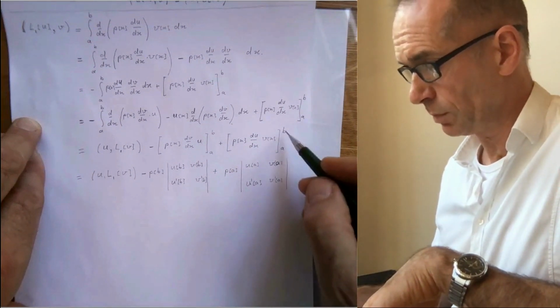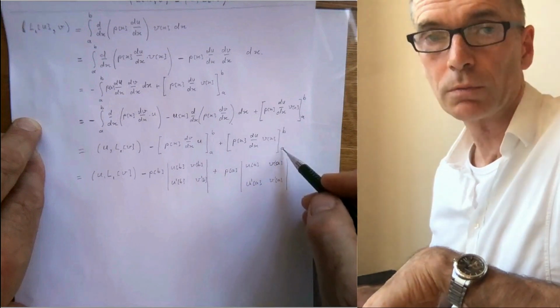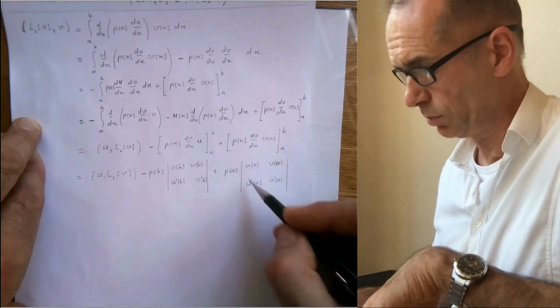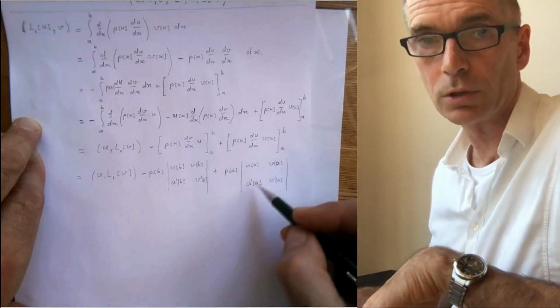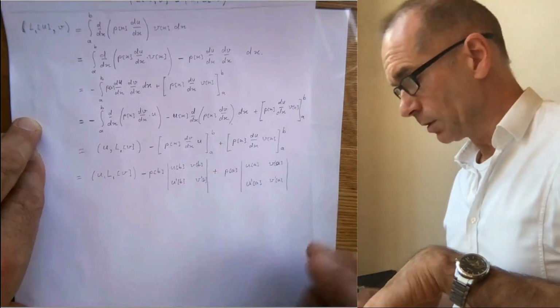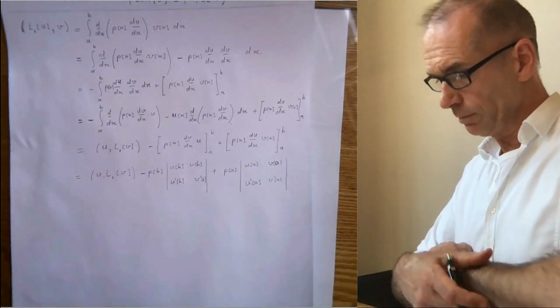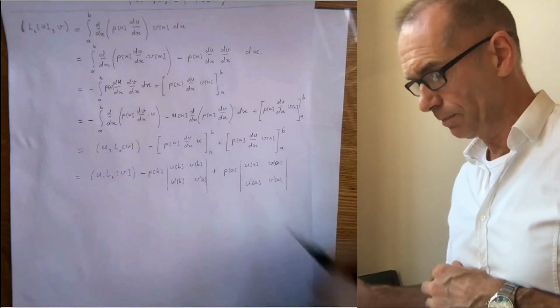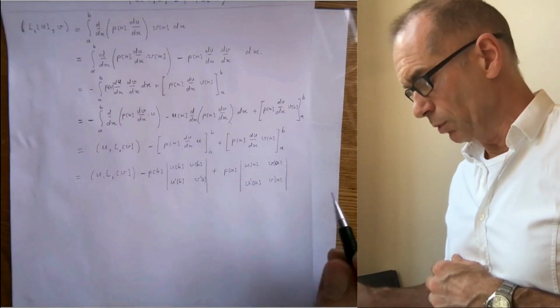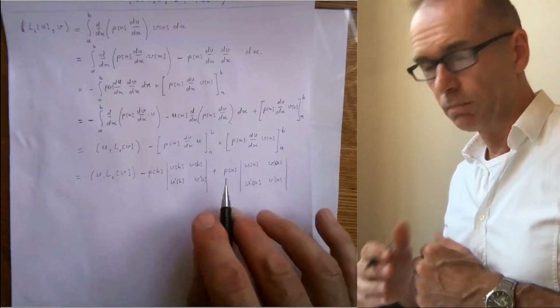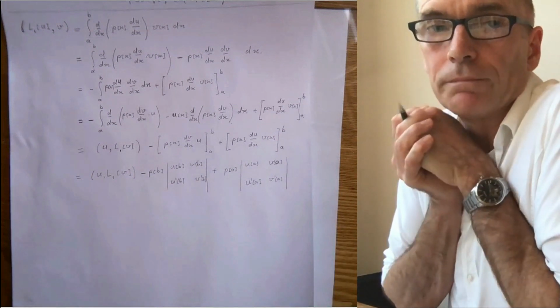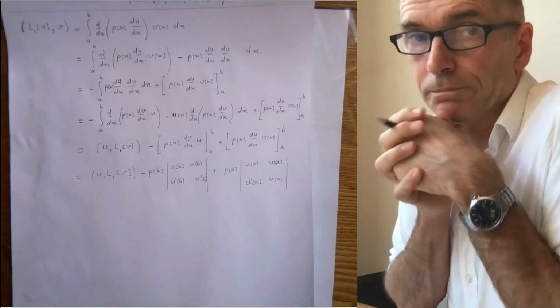Just substitute this and minus what you get from substituting that, and that corresponds with the minus of this diagonal of that determinant. So again we have a Wronskian of u and v, but now at the boundary point A multiplied by the value of that function p at the boundary A.